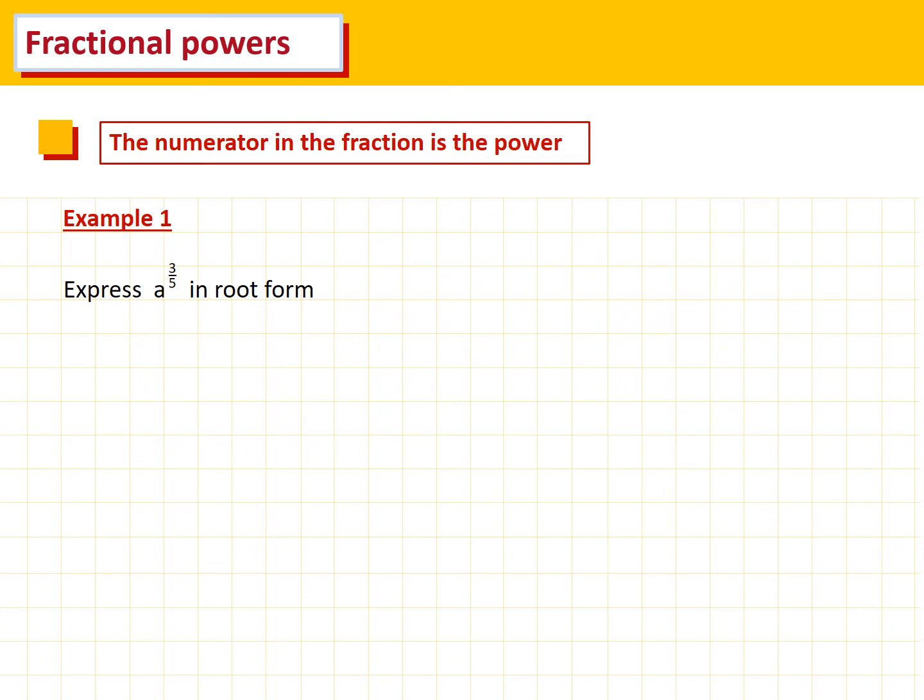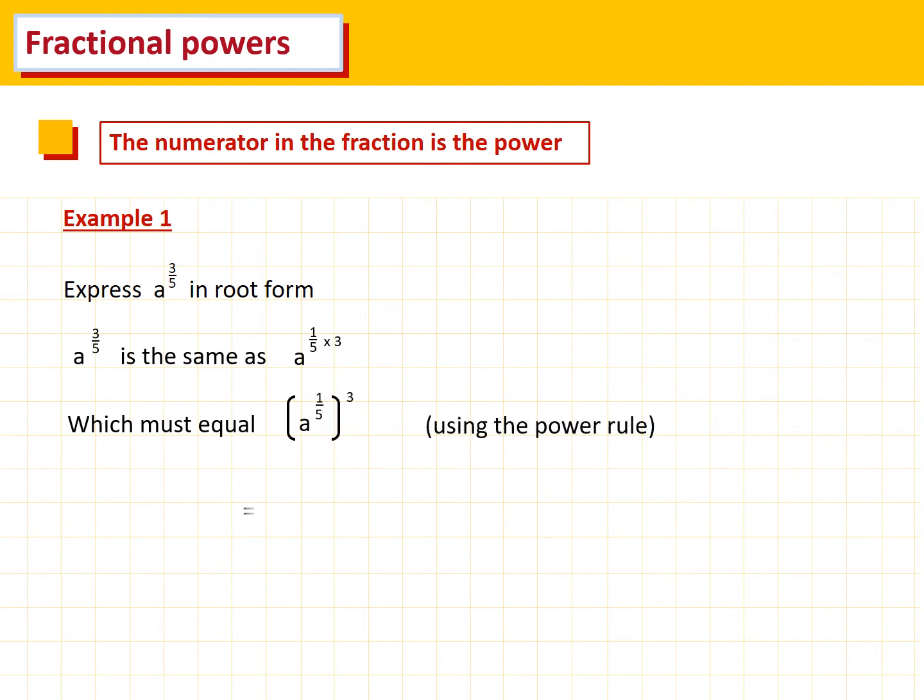Therefore, let's put that into play with this example, a to the power of 3/5. We can think of it as being a to the power of 1/5 times 3. A to the power of 1/5 is the fifth root of, and therefore it's the fifth root of a cubed. So we didn't necessarily need these steps here. This is our thinking, which may have been useful to us, because 3/5 is the same as 1/5 times 3.